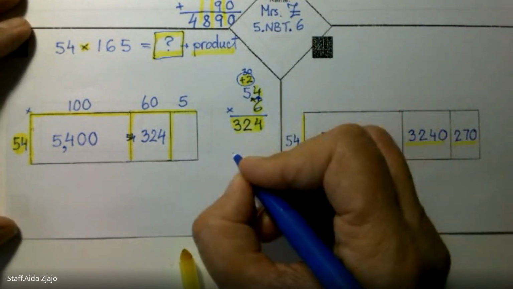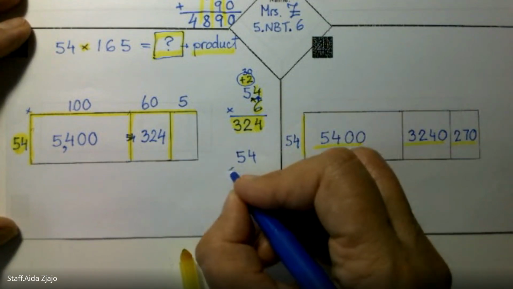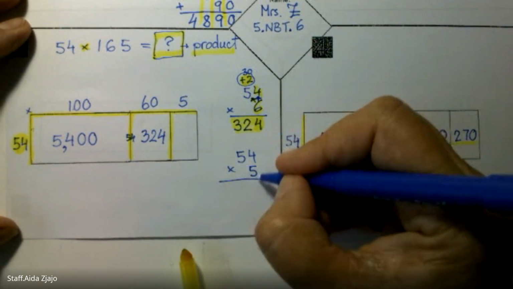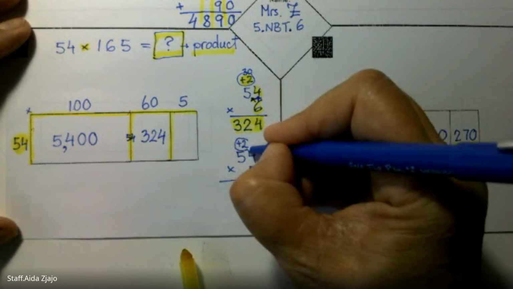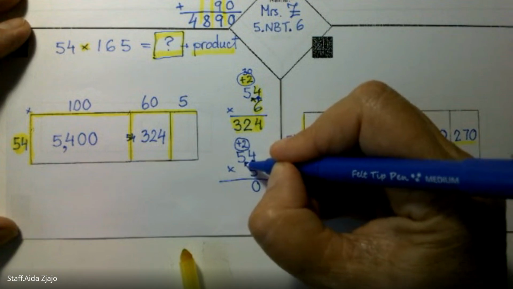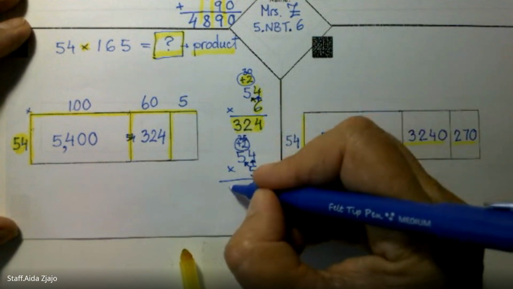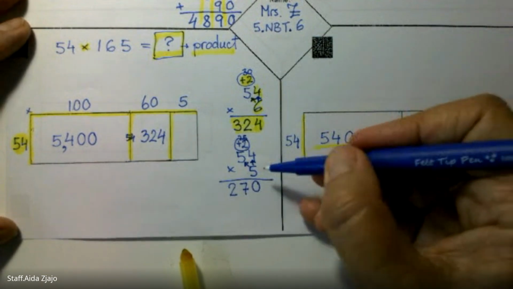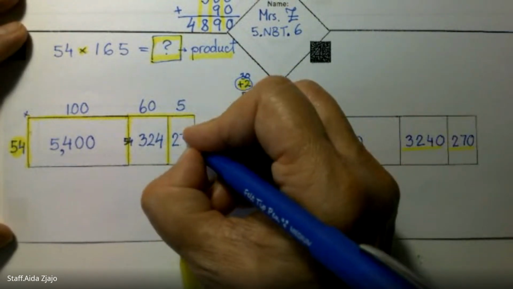Or you can do multiplication again, which will be 54 times 5. 4 times 5, 4 fives is 20. Remember 2 tens. Now I'm going to do 5 times 5 is 25. So 25 plus 2 is 27. So 5 times 54 is 270.